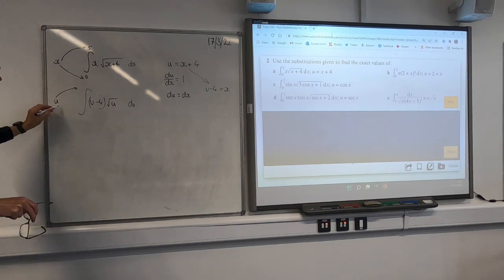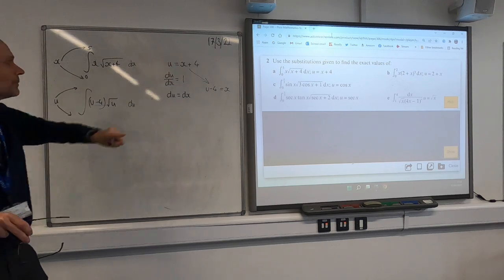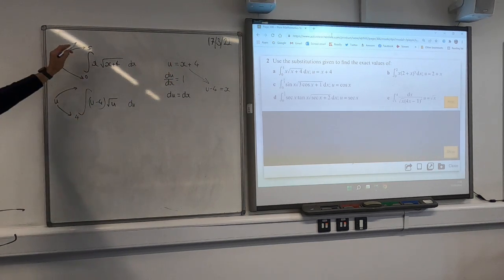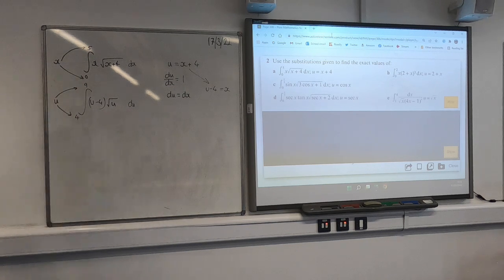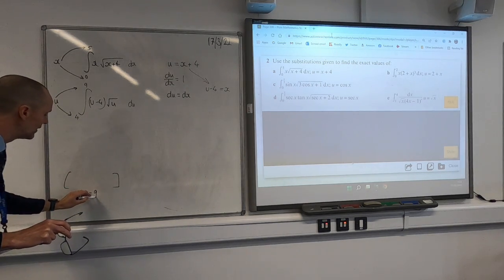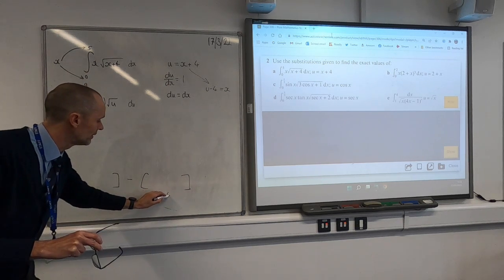I want to change them into u values, and look, u is equal to x plus 4. So 0 plus 4 and 5 plus 4. So what this now becomes is an integration between 9 and 4. So in a minute, when I've done all my integration, I'm going to substitute in 9 and take away what I get when it's 4.